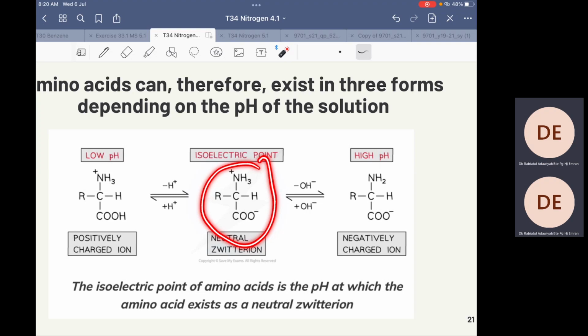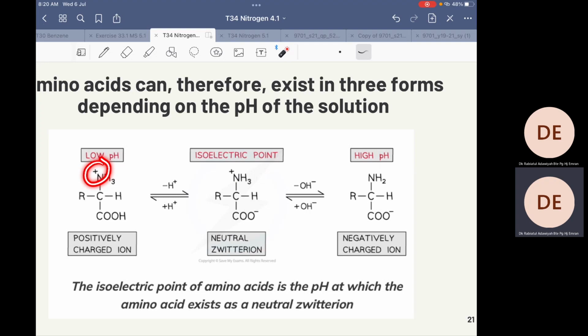And Zwitter ion, even though the name is an ion, it is still neutral. Overall charge is 0 because +1 and -1 cancel out. At low pH or in the acidic region, amino acid exists as a positively charged ion. At high pH or in an alkaline condition, amino acid will exist as a negatively charged ion.